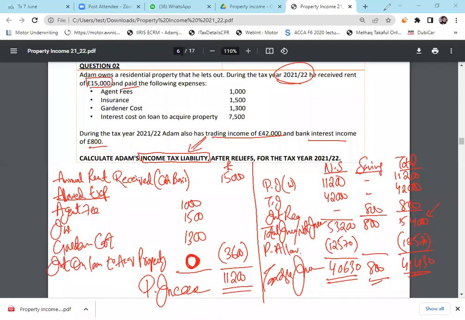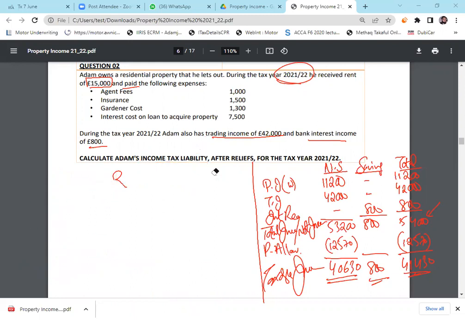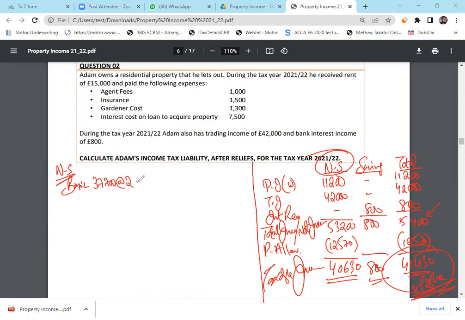After getting taxable income, we need to calculate tax through the banding system. We know the bands. Tell me, is he a basic band taxpayer or a higher band taxpayer? Higher. Okay, we identified. Now, non-savings. First of all, non-savings. The basic band is how much? 37,700. And the percentage is 20%.